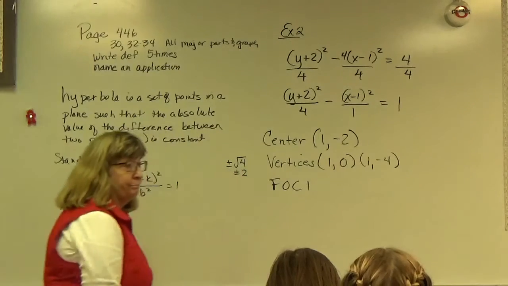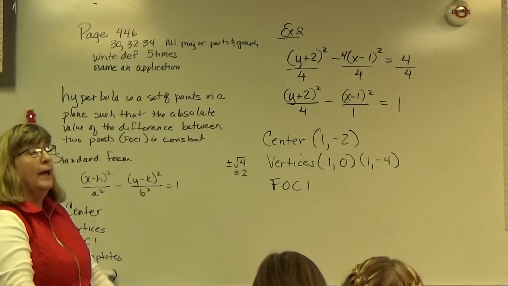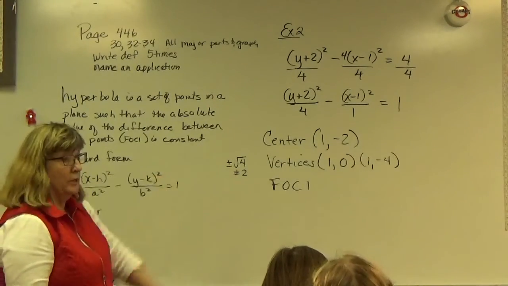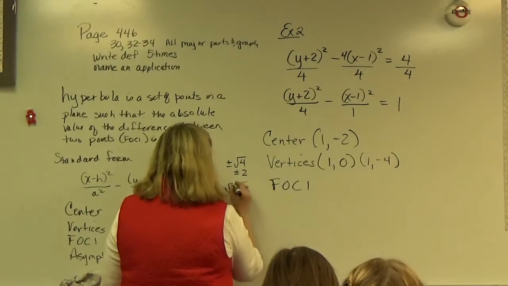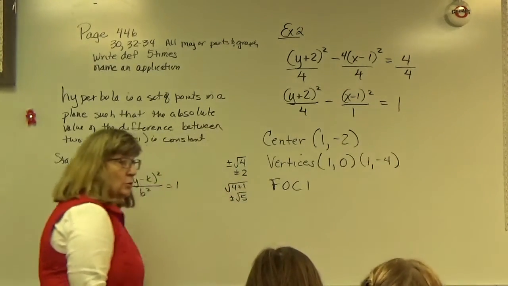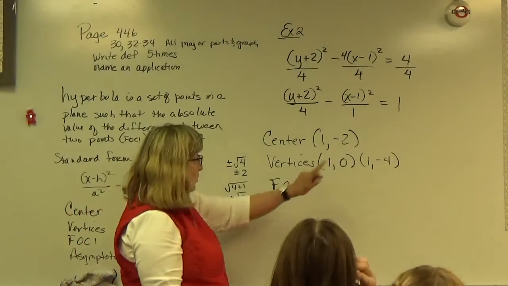Okay, foci. What do I do to get the foci? Add the two, A and B together. So what's 4 plus 1? 5. I'll write that down so you remember that's what we do. So it's going to be plus or minus square root of 5. Let's see, Spencer. So I got to add it to the y value of my center.